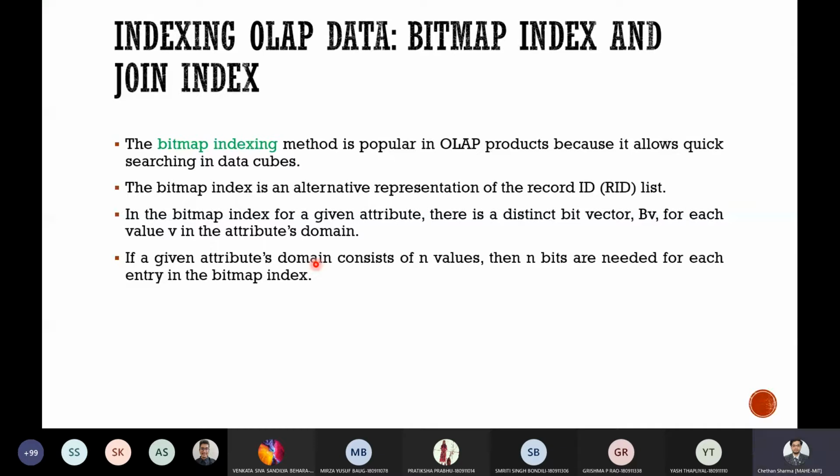If the attribute's domain contains n values, then n bits are needed for each entry in the bitmap index. It is as good as saying that there are n bit vectors if there are n values.